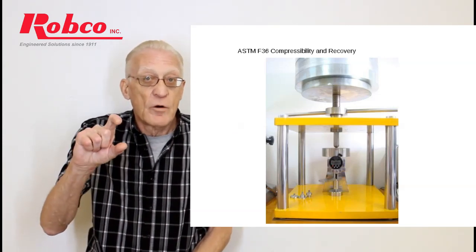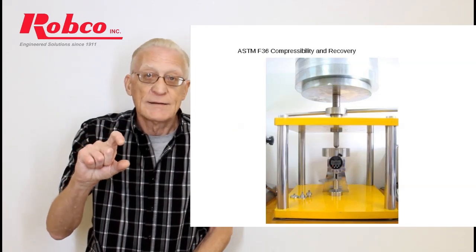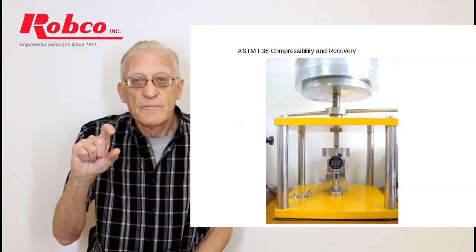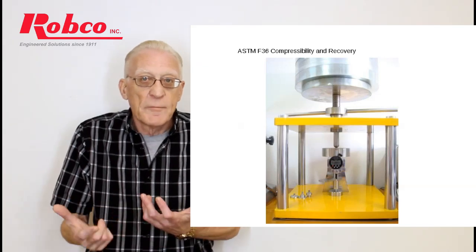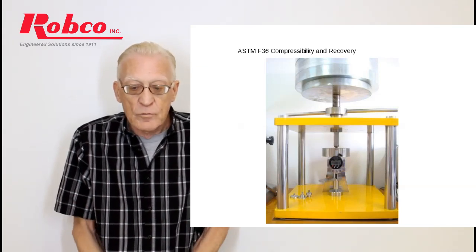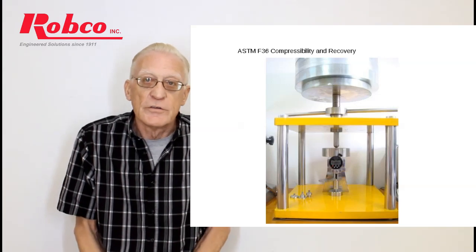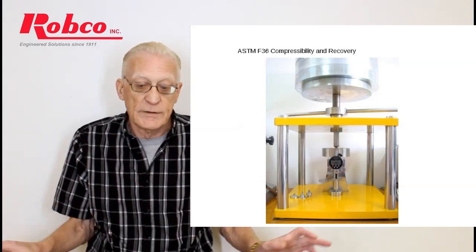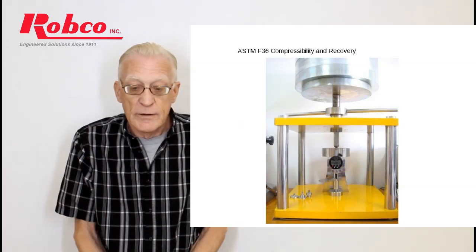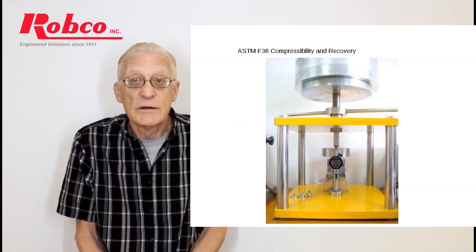Of that 13 thou travel, how much of that came back? Normally 50, 55%. So that gives you an idea of how much spring back the gasket has, and will it do the job or not? Is it hard? Is it sponge? Under a 5,000 PSI load, will it just completely flatten out? Or is it a rock where you can't get it to move?